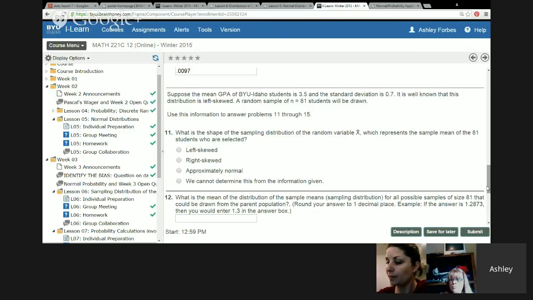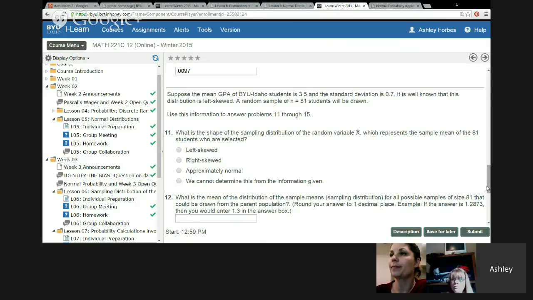It is well known that this distribution is left skewed. A random sample of n is 81. Use this information to answer problems 11 through 15. What is the shape of the sampling distribution of the random variable x, which represents a sample mean of 81 students who are selected?